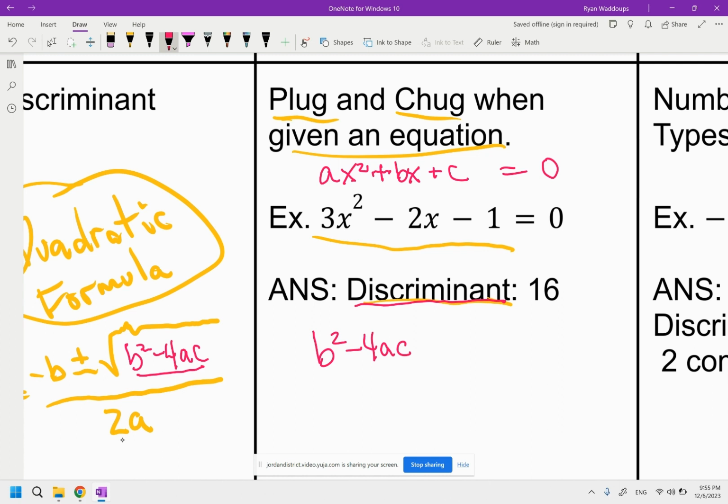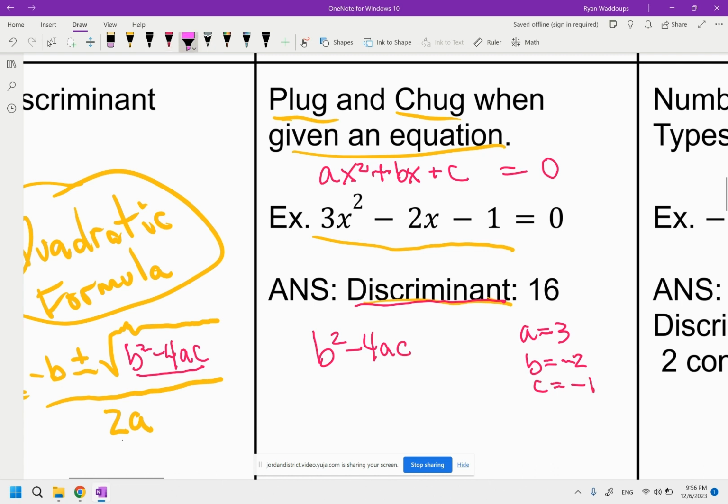And so my a value is 3. A for this equation is equal to 3. B is equal to negative 2. And C is equal to negative 1.